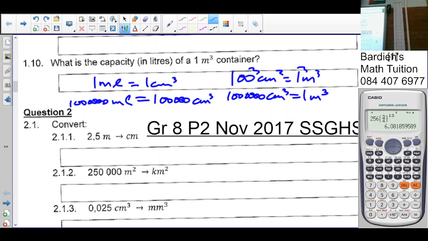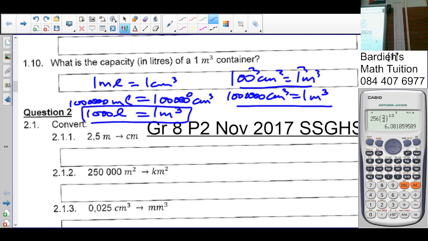So how many milliliters are there in a liter? 1,000. So in other words, this would be 1,000 liters equals 1 meter cube. What did I say earlier on? 1,000. That was right. I could have been wrong, but not this time.